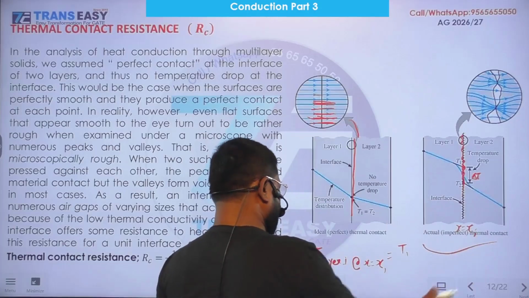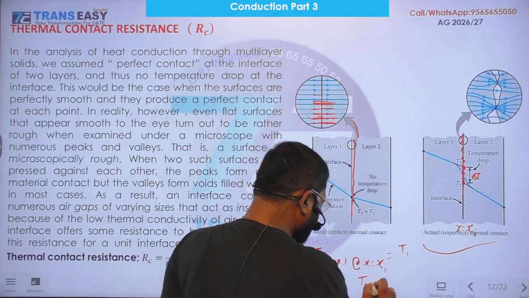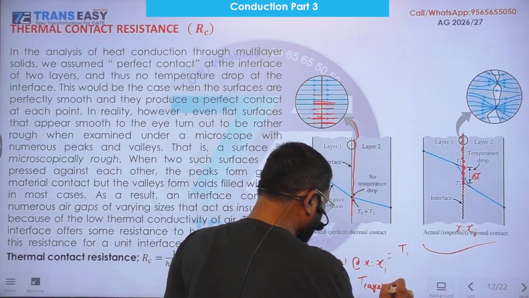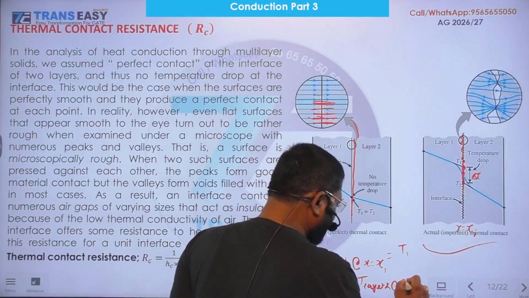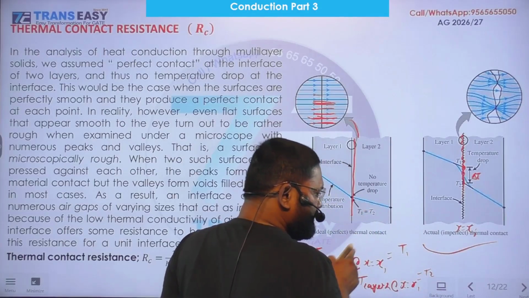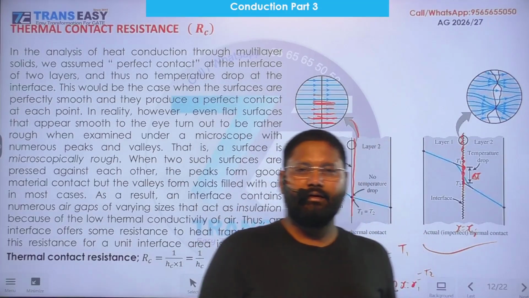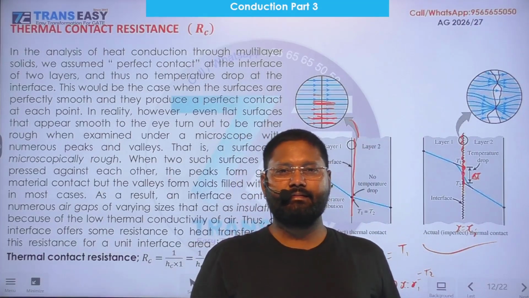At the same location, temperature corresponding to layer 2 at x is equal to x1 is equal to T2. This is happening due to thermal contact resistance.